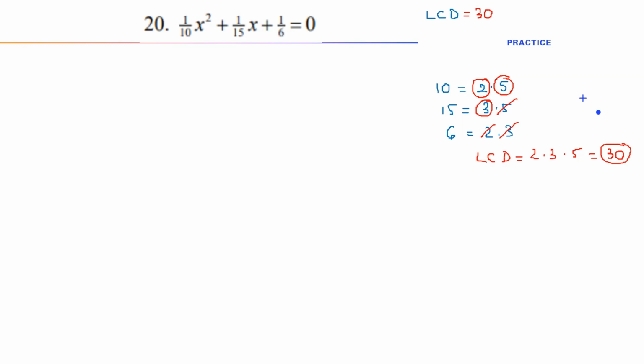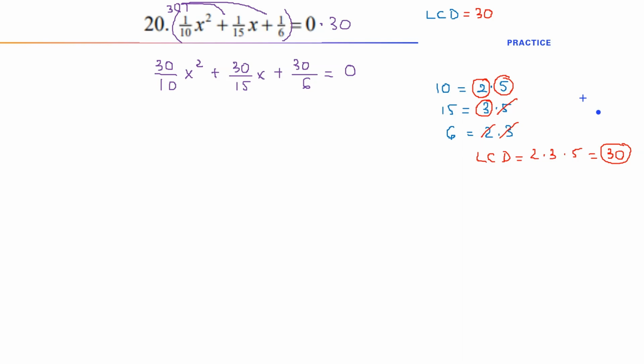So 30 over 10 x squared plus 30 over 15 x plus 30 over 6 equals 0. I distribute that 30 with each of the terms inside the parenthesis.